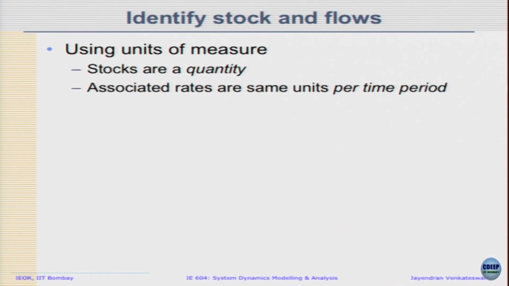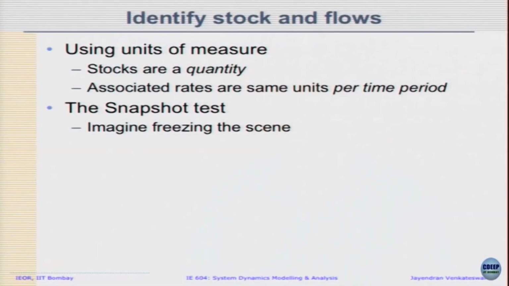If food grains are in tons, then production also has to be measured in tons per time period, say tons per year, and consumption should also be in tons per year. Whatever the units of the stock, the flows should have the same units. You can remember this because underlying it you have a differential equation, right? So the units should match. You can't just subtract things which have no unit. Unit mismatch cannot occur.